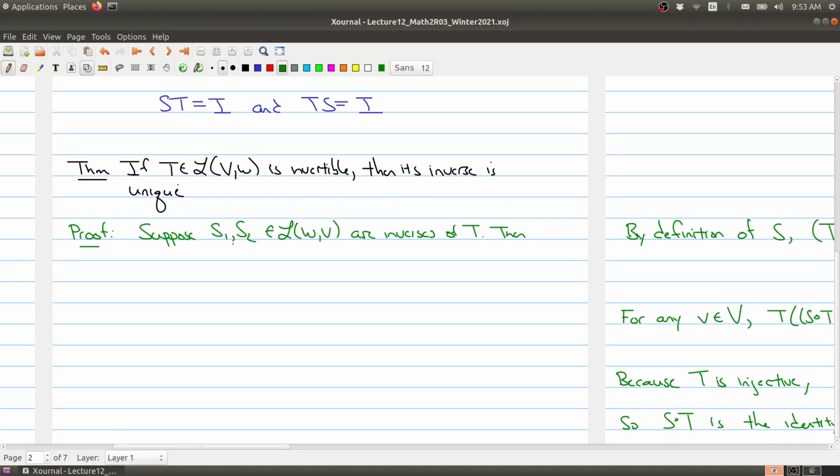So let's say that S1 and S2 are linear maps from W to V that are inverses of T. Our goal is to show that S1 and S2 are the same map.